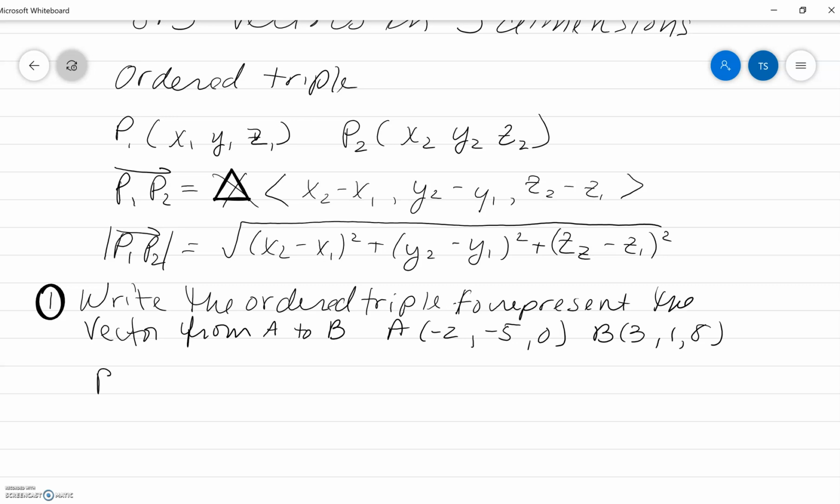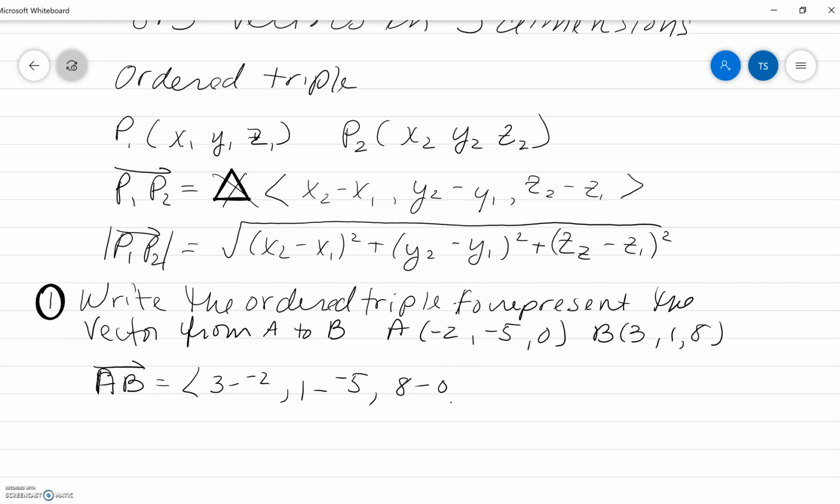So vector AB can be found by 3 minus -2, comma, 1 minus -5, comma, 8 minus 0.